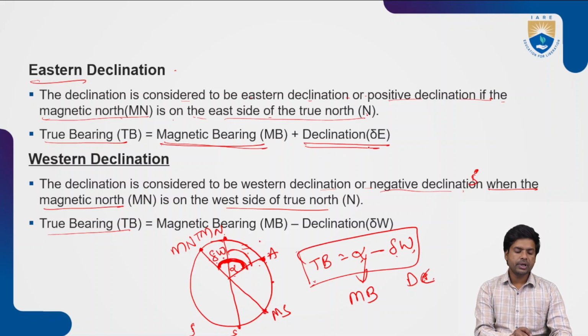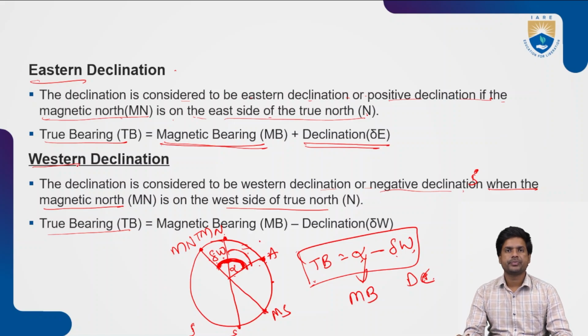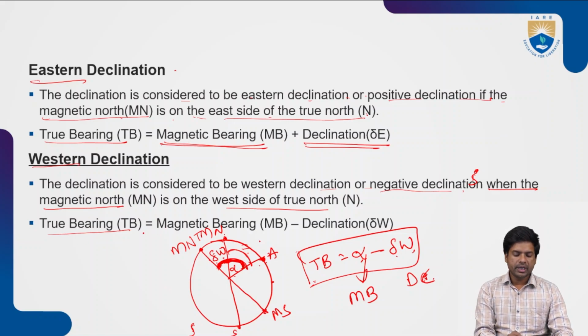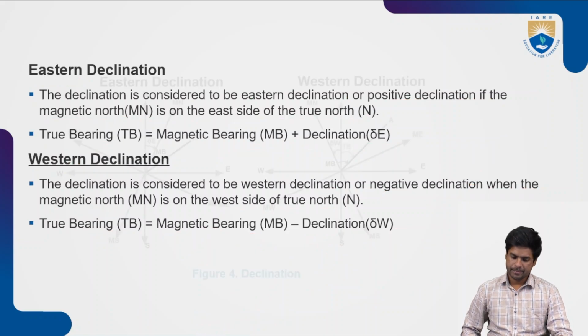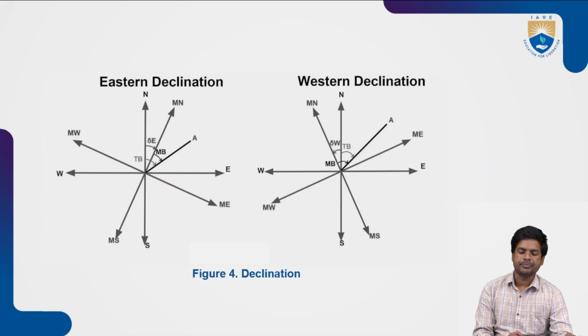If the declination lies towards the west side, it is called western declination, and the true bearing equals magnetic bearing minus declination. These come under magnetic declination. Next, here you can see the diagram.